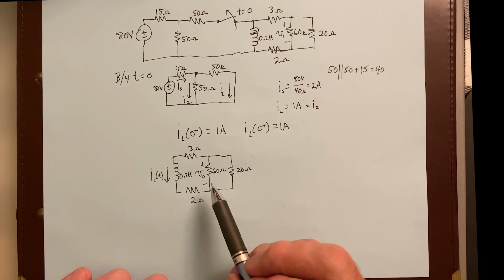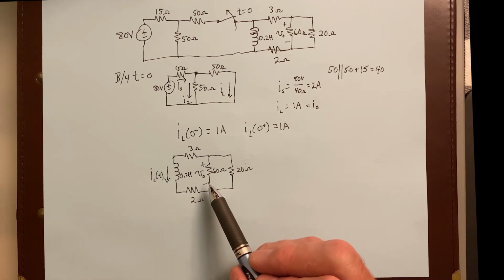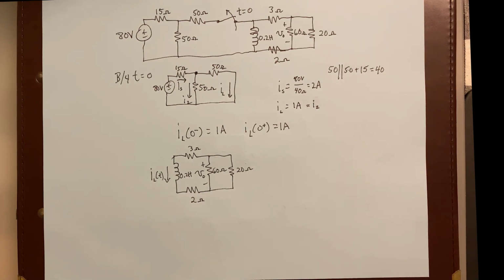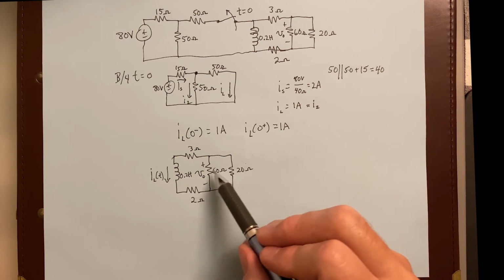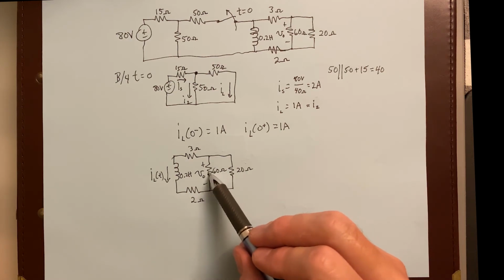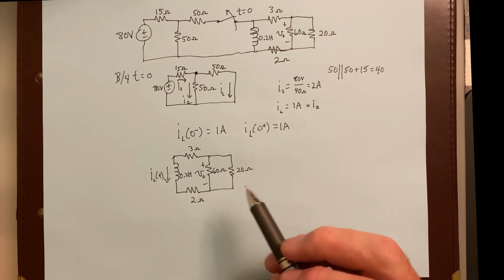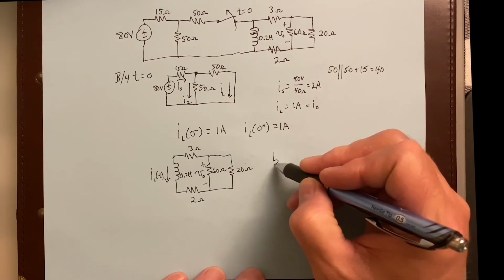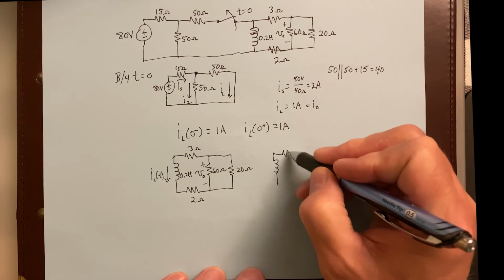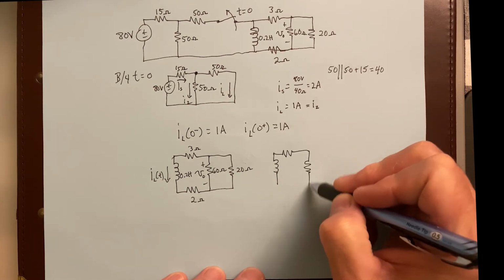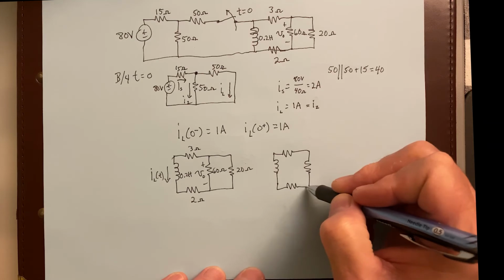All right, well, to find that voltage right there, we can combine this 60 and the 20. We know that those two are in parallel, so the 20 hanging out here is just kind of distracting. So we can reduce this down to a 3, whatever that equivalent is, and the 2 down here.